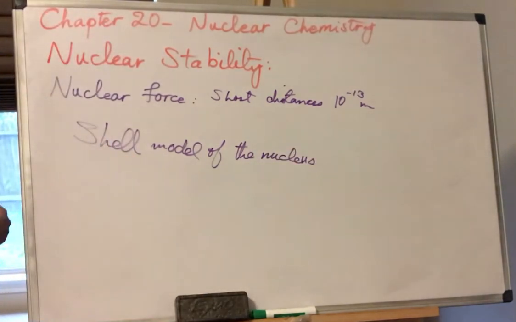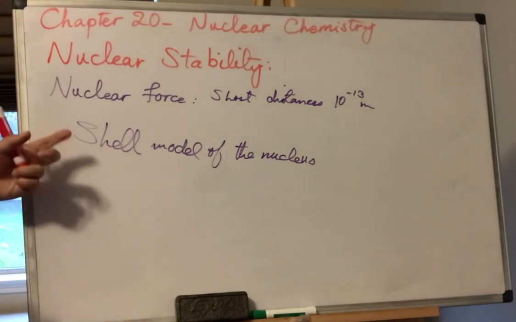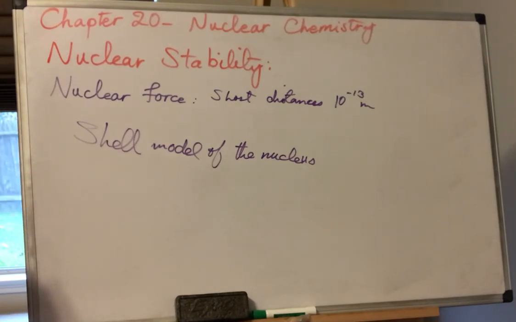Shell model for the nucleus, that protons and neutrons exist in levels. Very similar to shell structure that we had for electrons. We're not going to talk about this shell model.